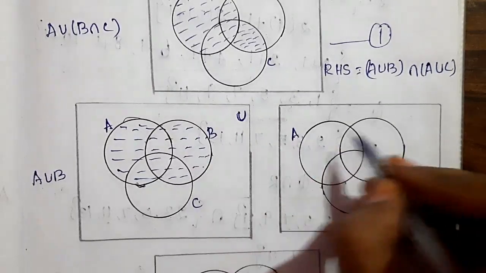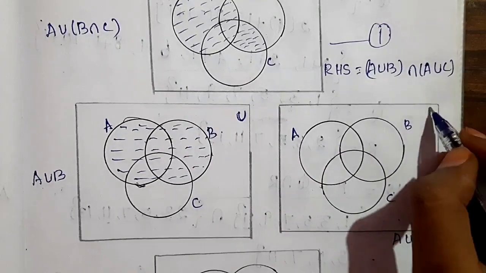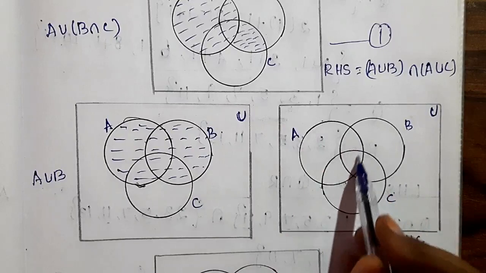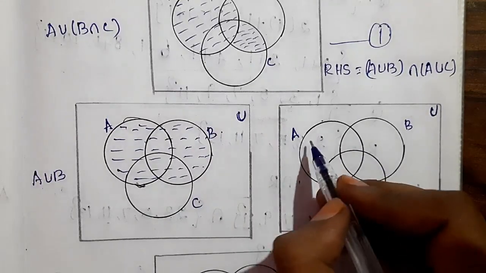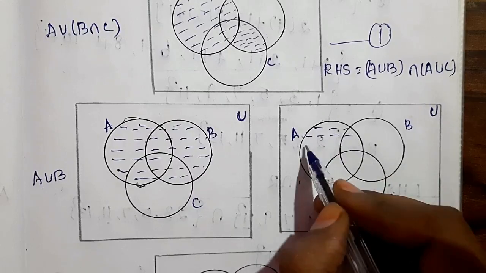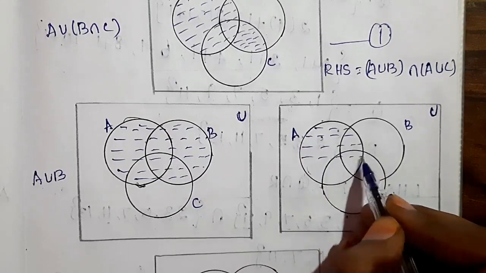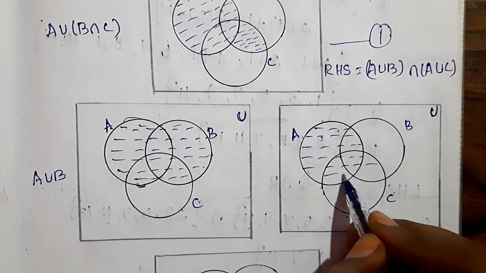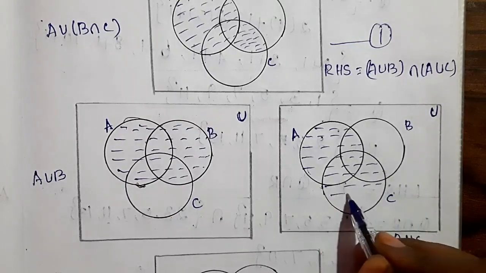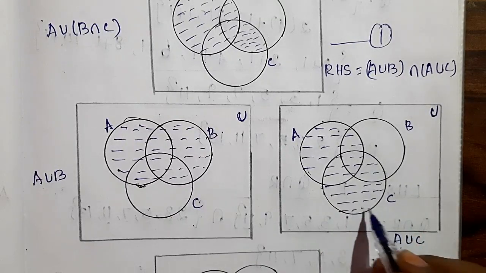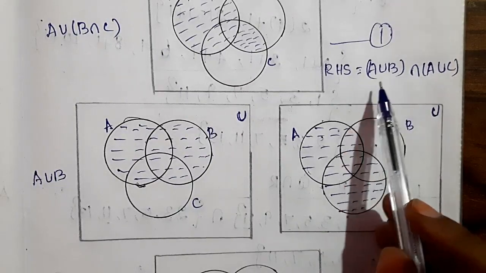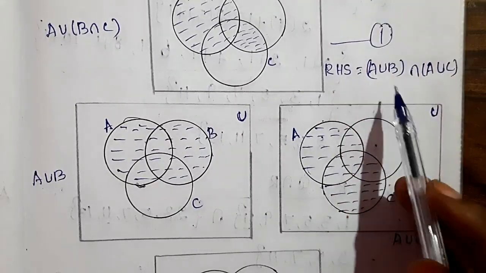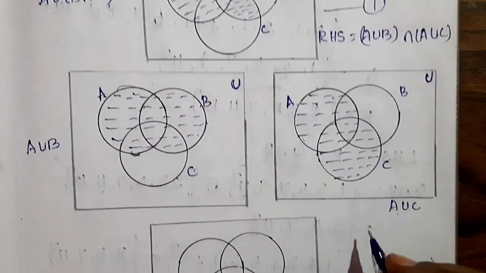You can give the name A, B, C universal set. So it is A, it is C. So we need A union C. So altogether we can shade the A and C set. Okay. Next one is together.